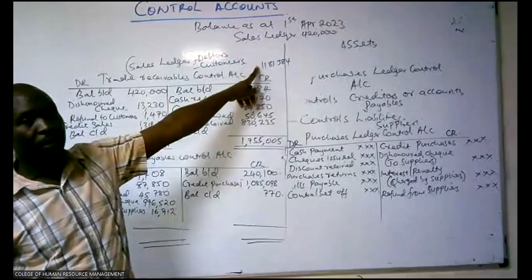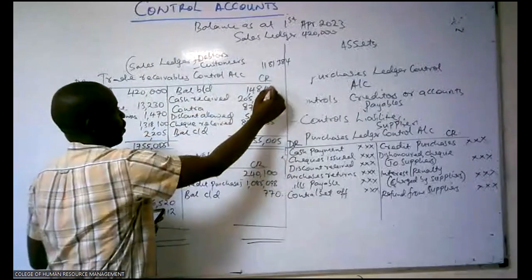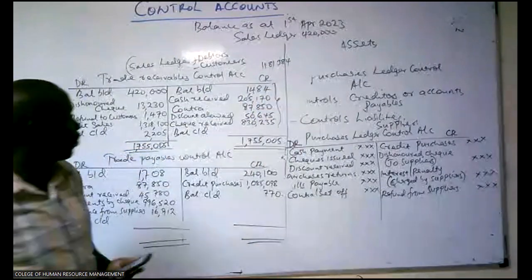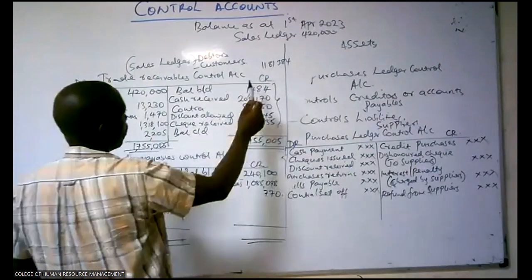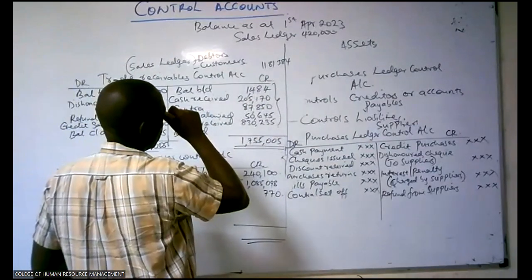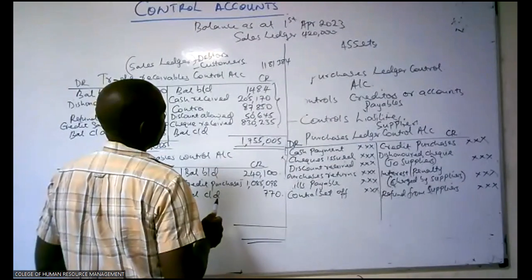Above the credit, this is the figure you are getting. If you add these figures, Mwalimu, I'm getting 1 million for the credit, 1,175,314.